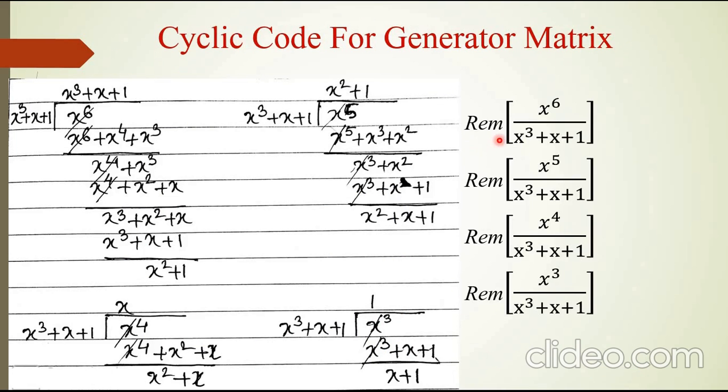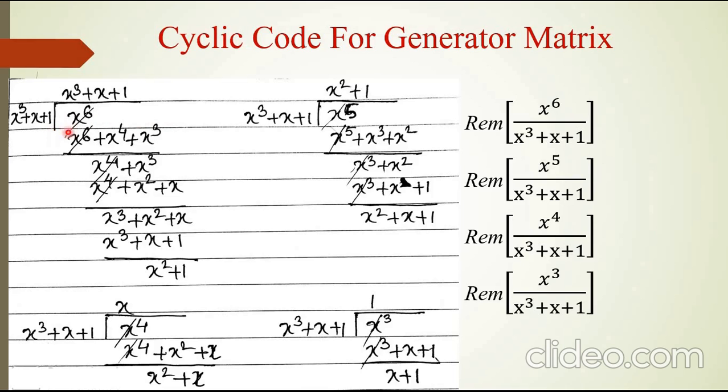So the first remainder is what? Remainder of x to the power 6 divided by x cube plus x plus 1. So let us calculate that remainder.